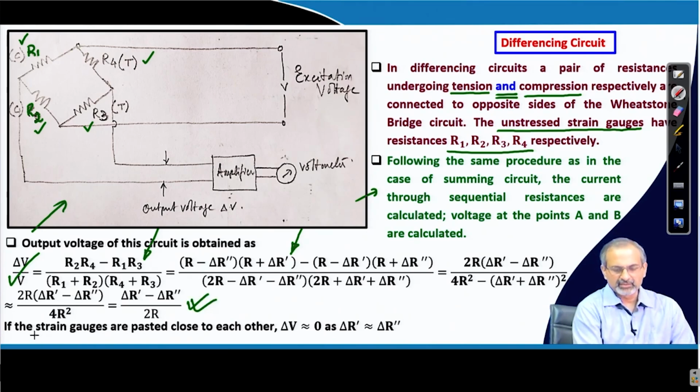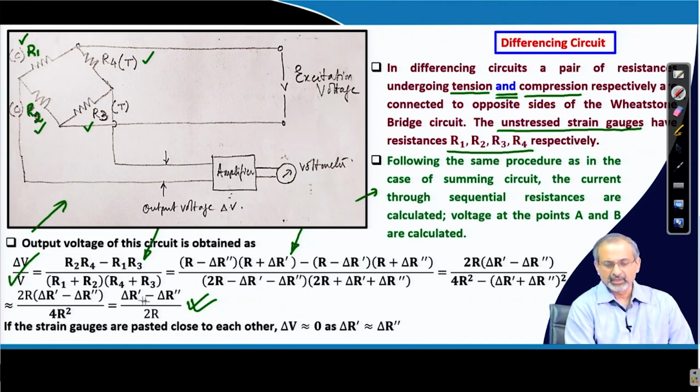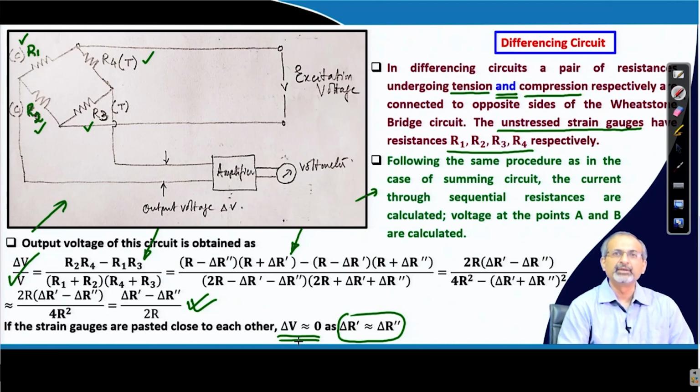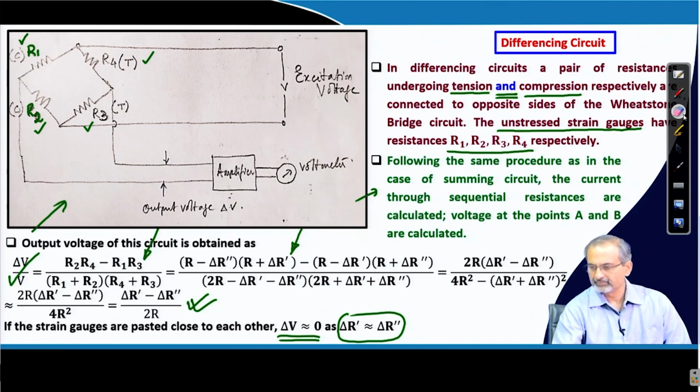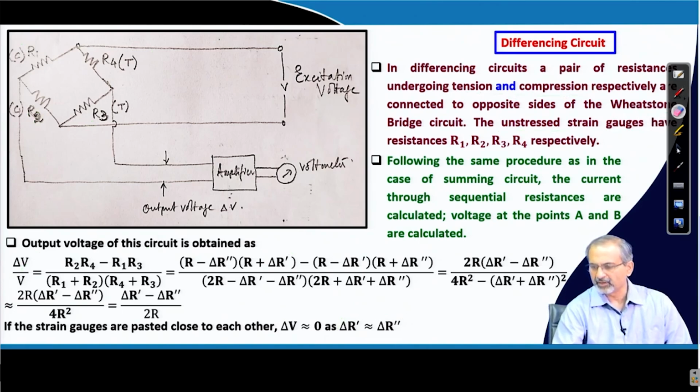What we understand from this relation is that if the strain gauges are pasted very close to each other, delta V will be nearly equal to 0, because delta R dash will tend towards delta R double dash. That means delta V will tend to 0 as you bring the resistances close to each other. And of course, if you keep them far apart, you are going to get a larger delta V for the same excitation voltage.